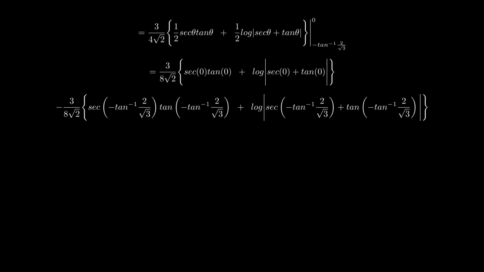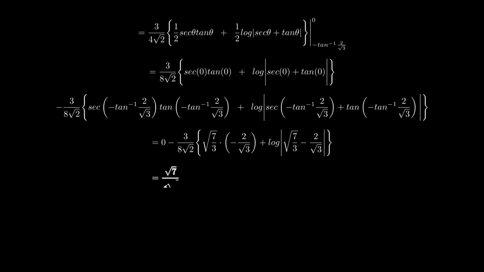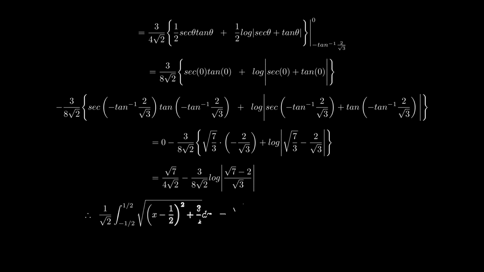So the first component results into 0 minus, since we already derived the value of sec arctangent 2 over root 3, which is root 7 over 3. This time, it being negative doesn't matter because cosine of a negative value results into a positive value, but tangent of that negative arctangent results into minus 2 over root 3. So simplifying into root 7 over 4 root 2 minus 3 over 8 root 2 log of root 7 minus 2 over root 3. So that's the answer for the second integral.